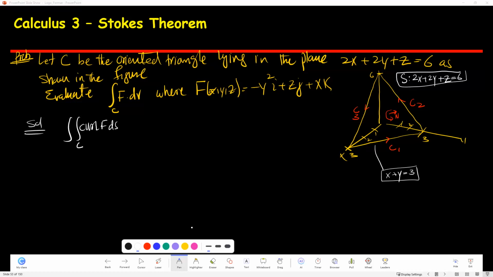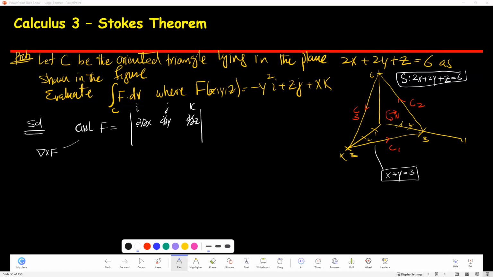This time I'm going to find the curl to solve this, so I don't have to use the line integral approach too much. And curl is taken by a cross product of gradient times F, and this gradient is i, j, k, partial derivatives of x, y, z.